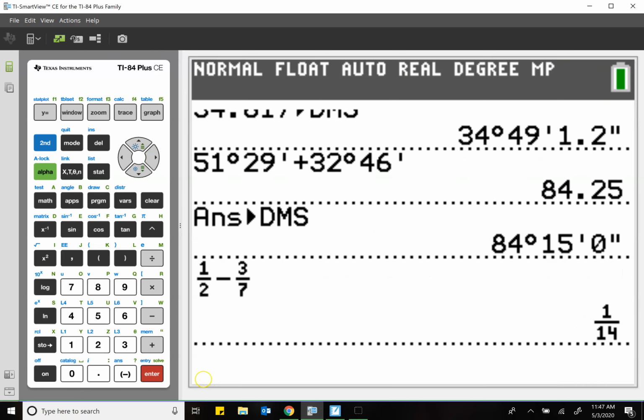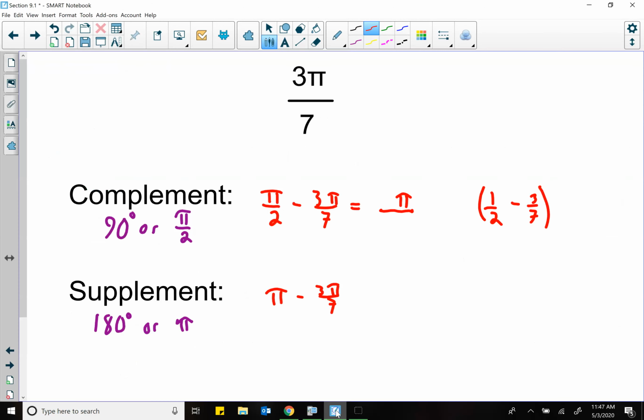There's our fraction. So back in our notes, we can say 1 pi over 14. Or you can call it pi over 14, because generally we don't write the 1 in the numerator. Both of those are solid answers.